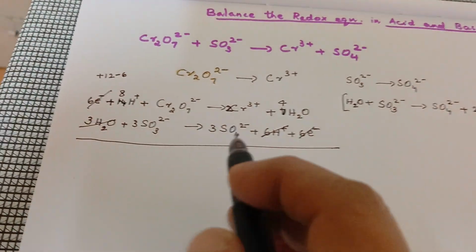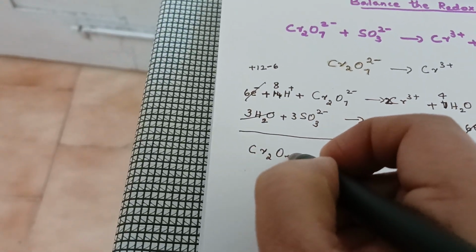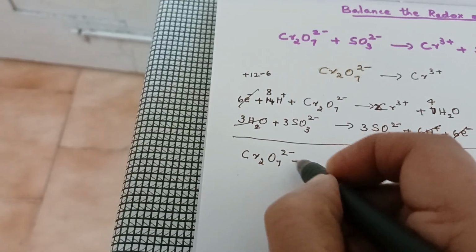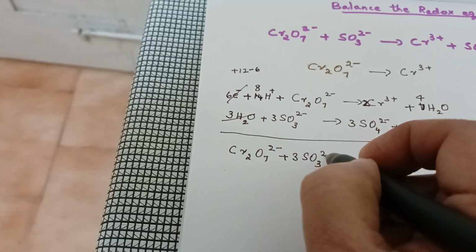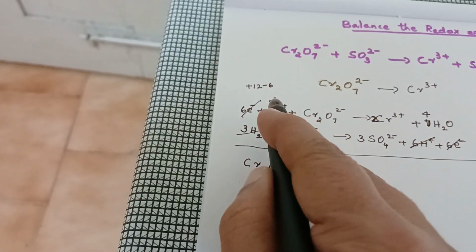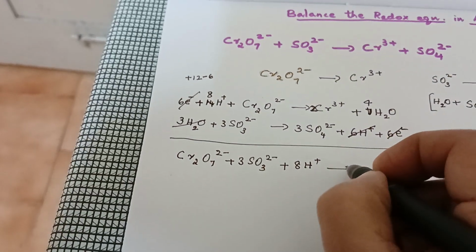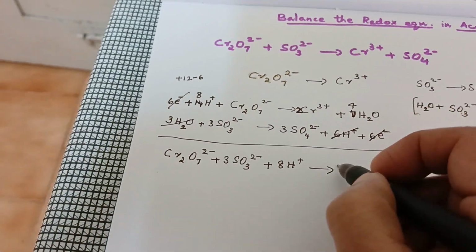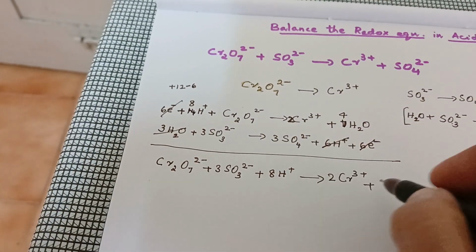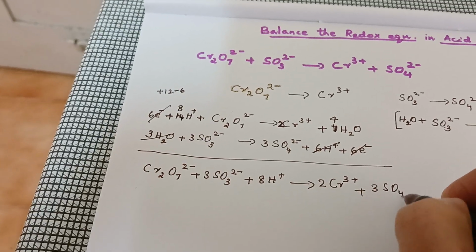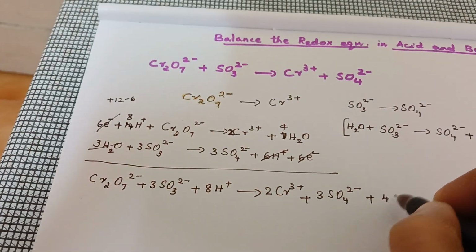Now we will write the equation, Cr2O7 2 minus plus 3SO3 2 minus plus 8H plus, giving 2Cr3 plus plus 3SO4 2 minus plus 4H2O.